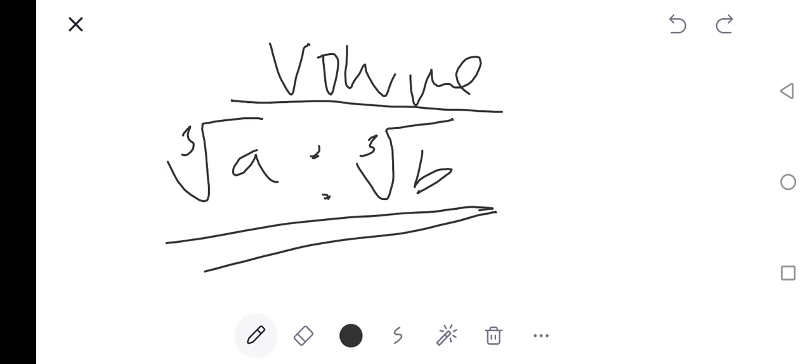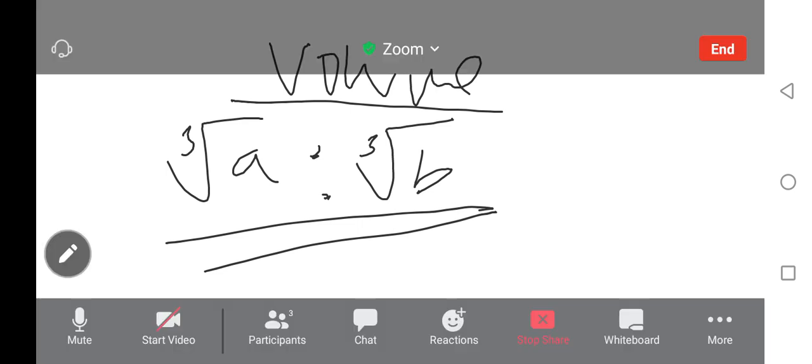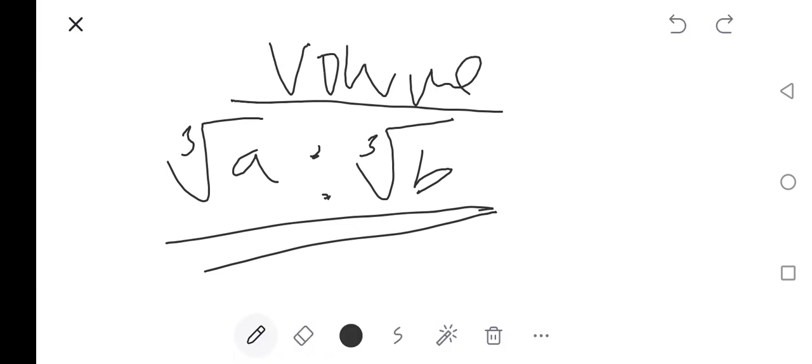So that is how it's supposed to be done. Now, what happens when we are given area and we are finding volume?